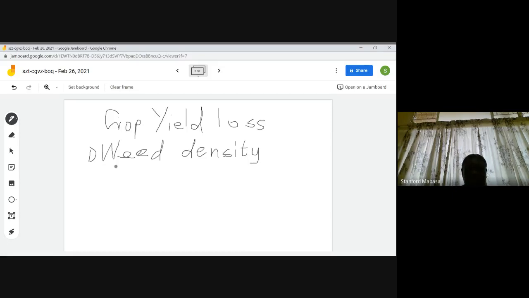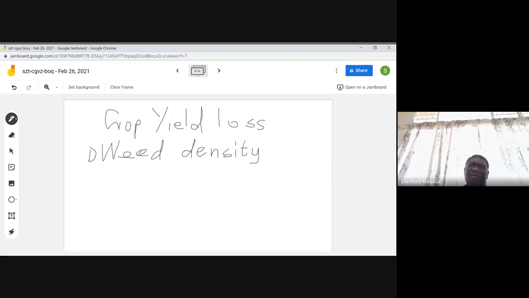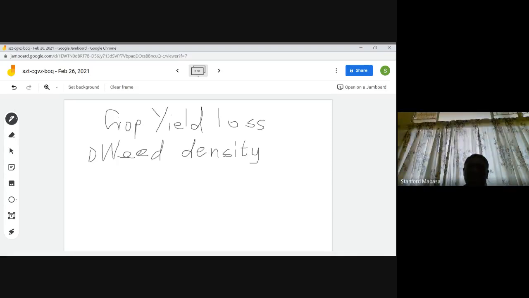Now, if we relate it to weed density, we have seen the Zimdahl approach and the Cousens approach. According to Zimdahl, there are some weed densities which don't affect the crop yield. But according to Cousens, as long as you have weeds, you have yield loss. And it appears the Cousens approach is commonly used to estimate crop yield losses due to weeds.